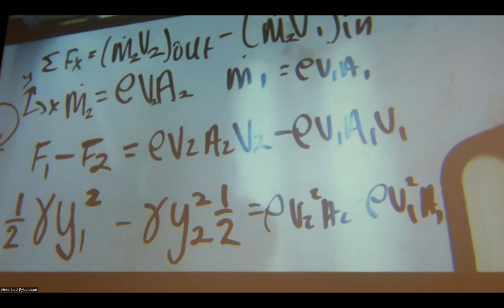We know we want to solve for v2 and v1. We know what A1 is, we know what A2 is, we know what rho is. We know what y1 and y2 are, and we know what gamma is. So let's move all of the knowns over to one side of the equation and all the unknowns to the other side.